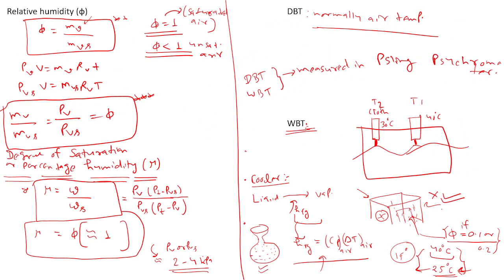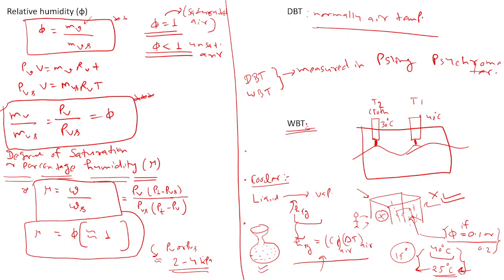Generally the ideal condition will never be met. So phi will never become 1, because if phi becomes 1, then you will not feel cool. The same thing happens when cold air comes to you. So how do you feel cooling? Because you would be sweating, and this will take from you.